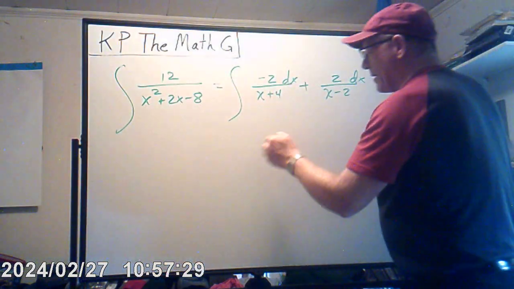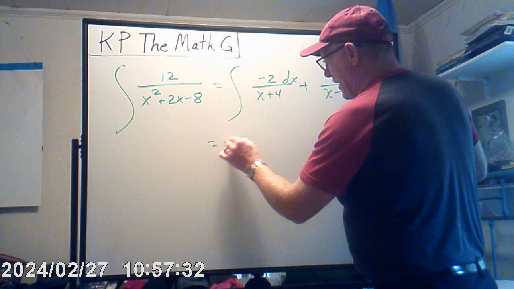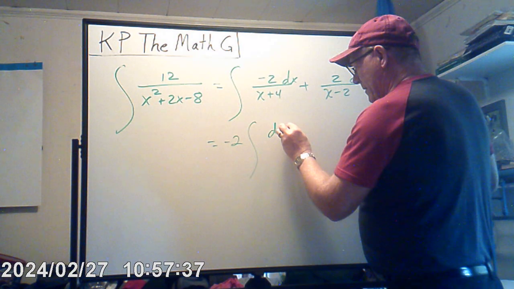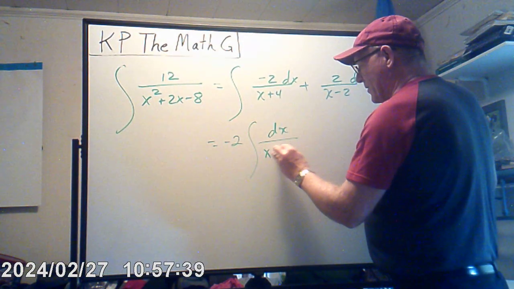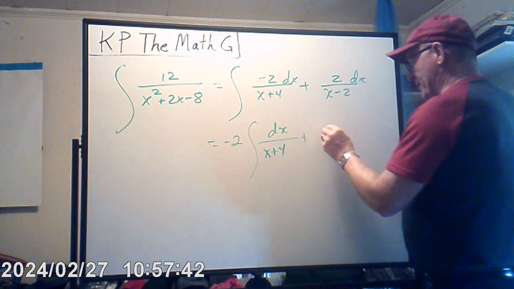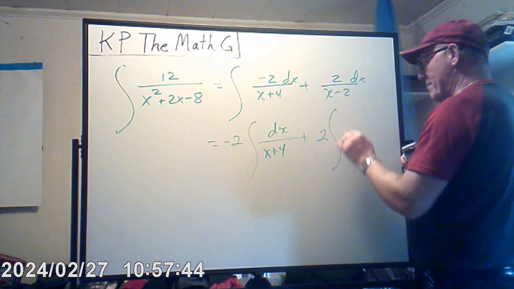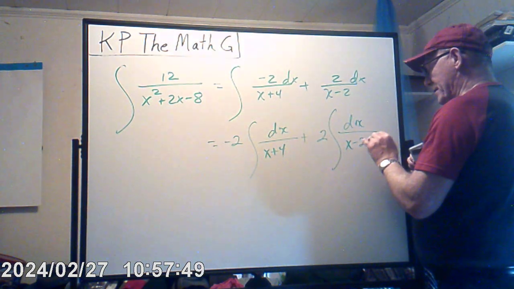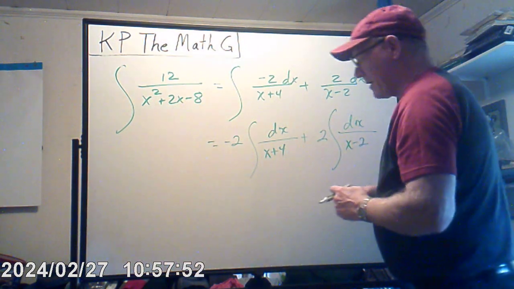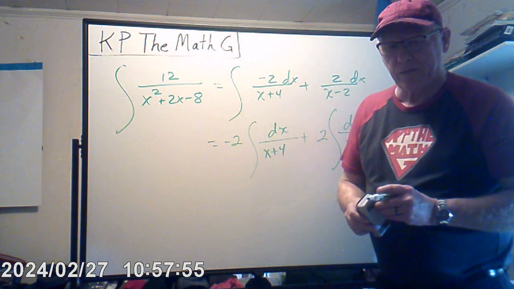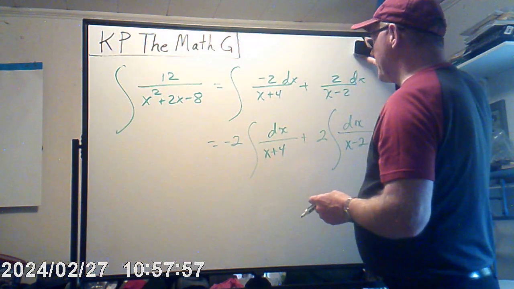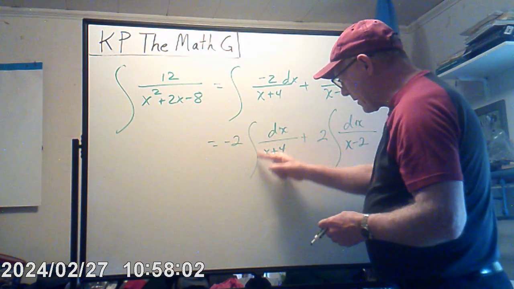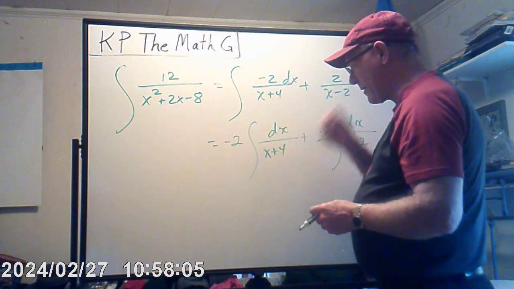Now, by the way, we could put this negative 2 on the outside, and now we have dx over x plus 4, and we could put this 2 on the outside here and make this dx over x minus 2. You really do not need to do substitution to this. If you already know that this is ln, you can do that.